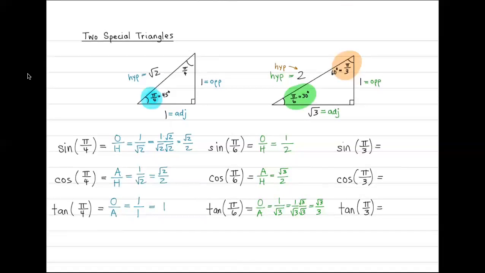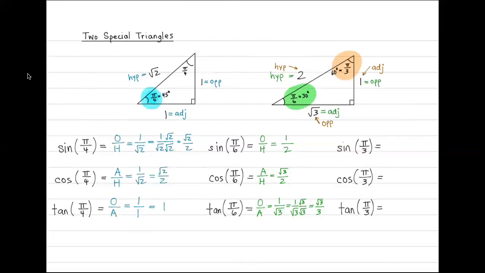So that part isn't changing. But the side that's adjacent to that orange angle, next to that orange angle, is this 1. That is now the adjacent side relative to pi over 3. And the root 3 on this side is the opposite, directly on the opposite side of the triangle from that orange angle, pi over 3.